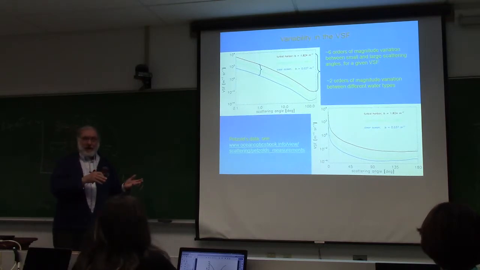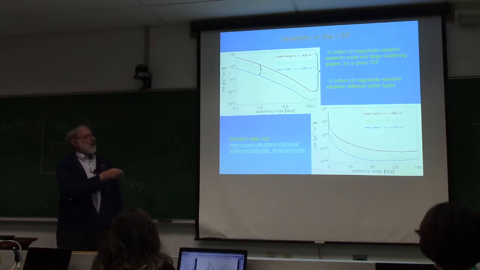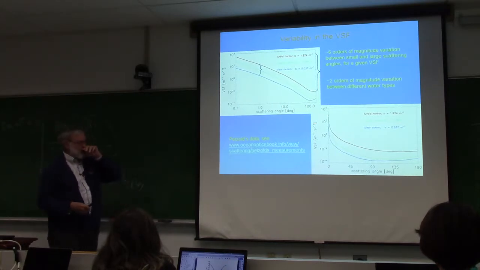So there's a real problem designing an instrument that you can throw in any water body, that has to measure 6 orders of magnitude for a given curve and operate in water bodies where there's 2 orders of magnitude difference in the magnitude of the VSF. That's an enormous engineering challenge.